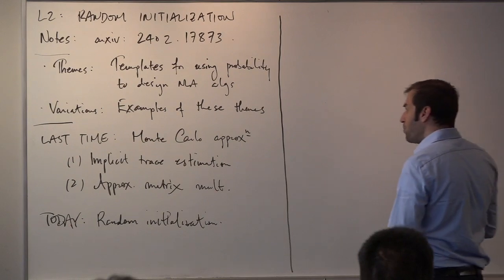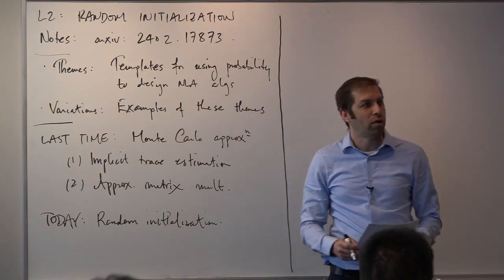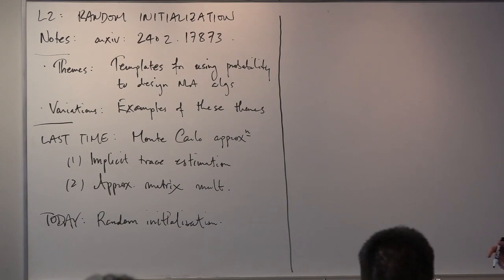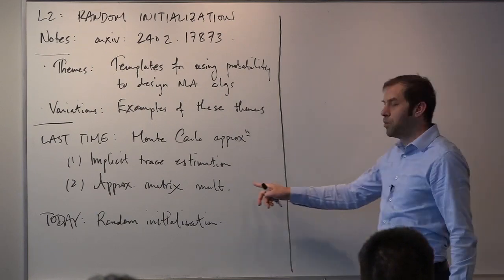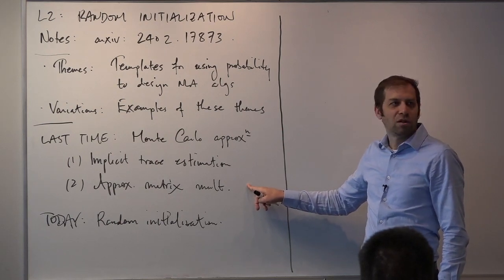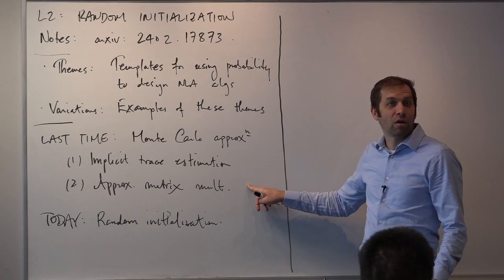So that was cool. We also saw another example of approximate matrix multiplication where we averaged together some randomly chosen products of individual columns of the matrix to get an approximation for the entire product.